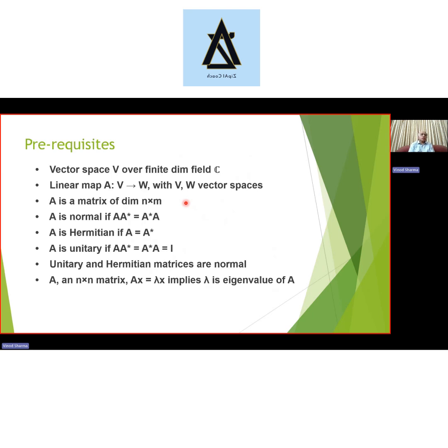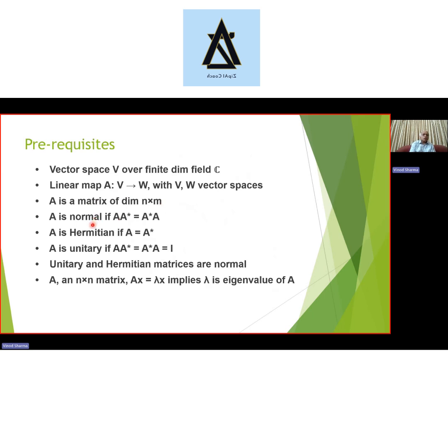Of course, the specific matrix that you come up with corresponding to a linear map will depend on the basis that you choose in V and W. But let's not discuss that and consider linear map A to be a matrix of dimension n cross m.